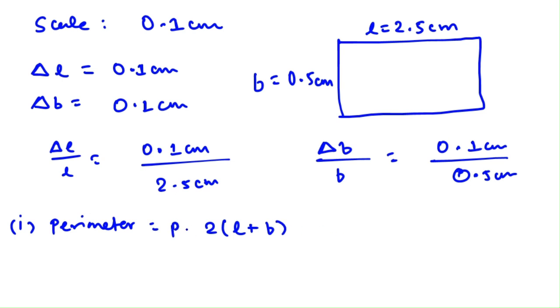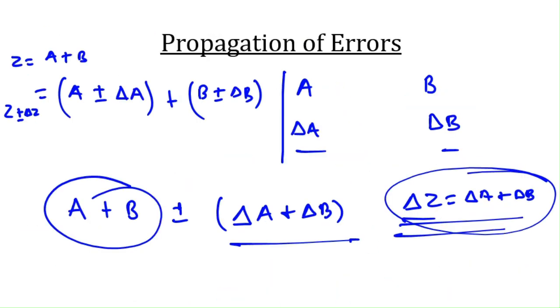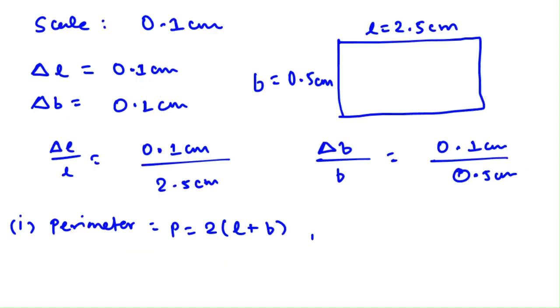Okay. Next, if we want to get perimeter of this rectangle, so perimeter is twice length plus breadth. So if we want to get perimeter, there will be propagation of errors coming from these two measurements. And as we have studied earlier here, in terms of summation or subtraction, just absolute errors will propagate. So we can write in this case, the absolute error in the measured value of perimeter will be 0.1 centimeter plus 0.1 centimeter, that is 0.2 centimeter.